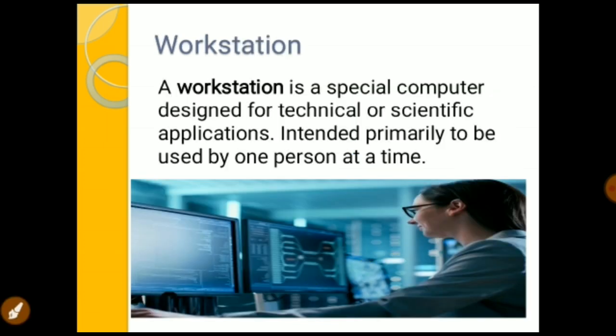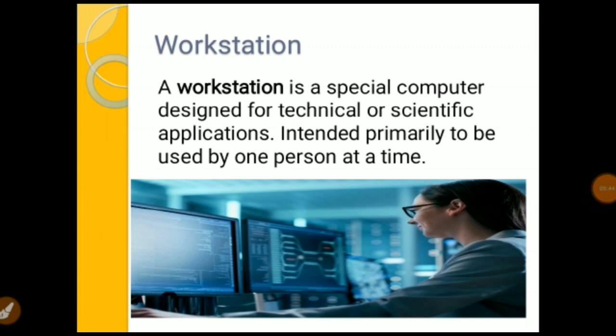The second main component of a network is the workstation. What do you mean by workstation? A workstation is a special computer designed for technical or scientific applications, intended primarily to be used by one person at a time.